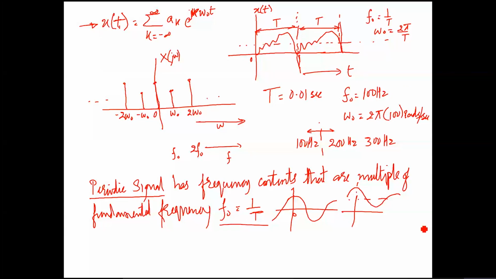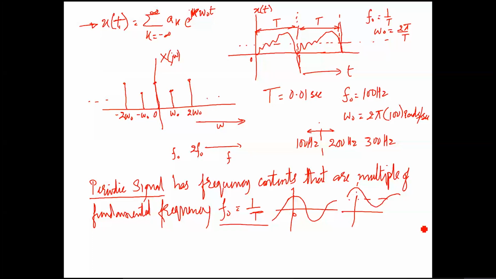So what we saw were a few things about the Fourier series, the concept given by Fourier theory, why it is important, and some properties of periodic signals which can be seen from the Fourier series also. A very important aspect of a periodic signal is that it can have frequency contents which are multiples of the fundamental frequency.